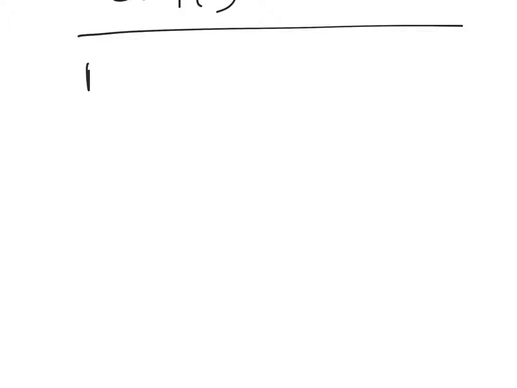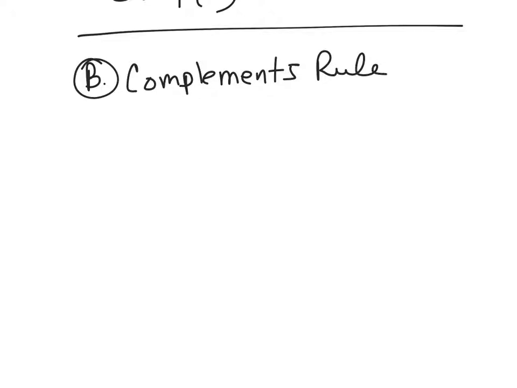So let's call this next part, part B. Part A would have been what we talked about on the last part of class last time. So this is called the complements rule of probability.